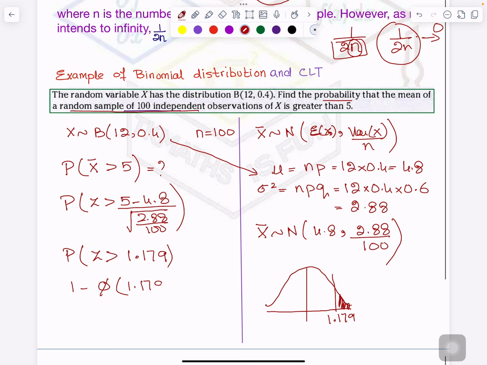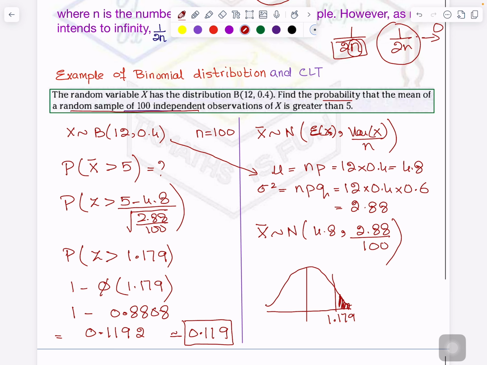Now you can use the table and write down the value here, which is 0.8808. So this is equal to, you can use a calculator, 0.1192. But we write the final answer in 3 significant figures, so 0.119, and this is your probability.